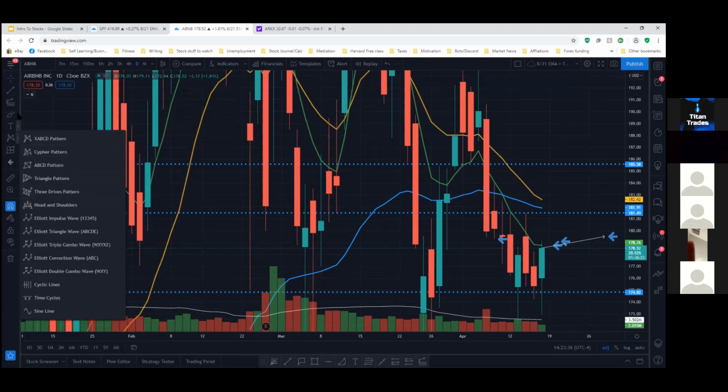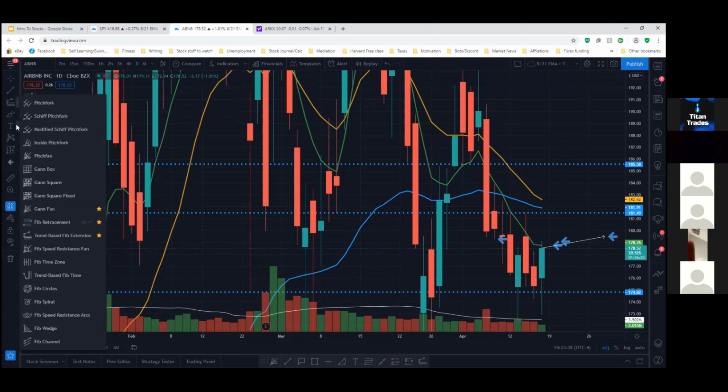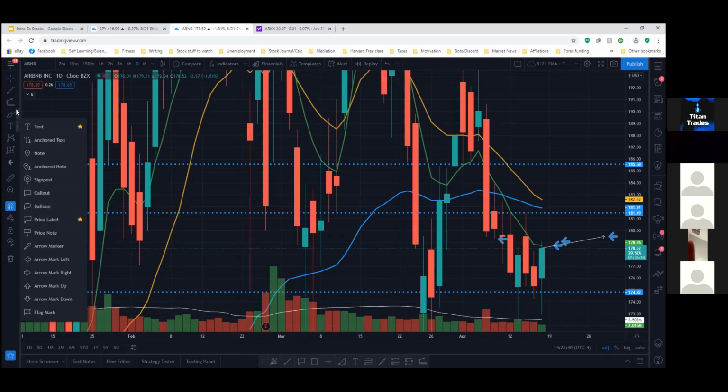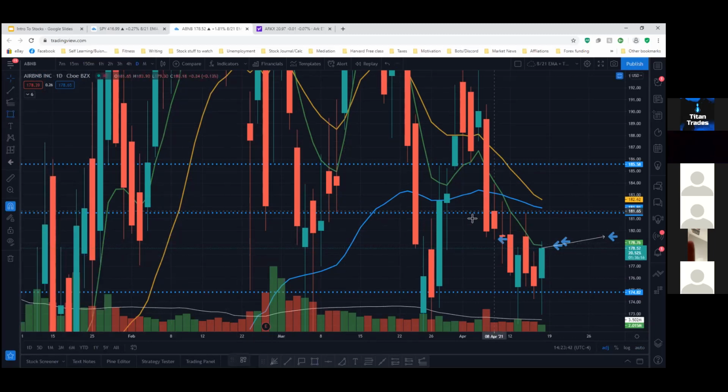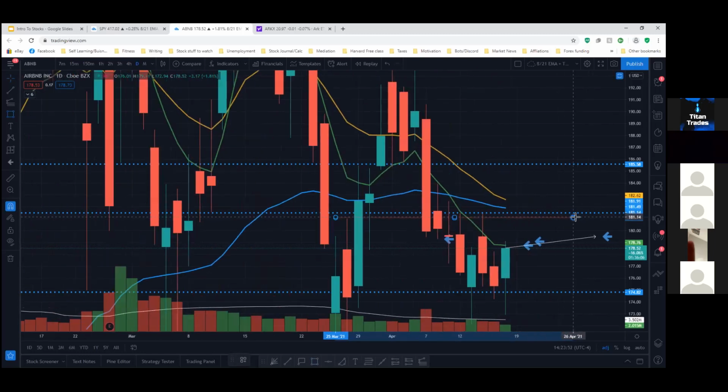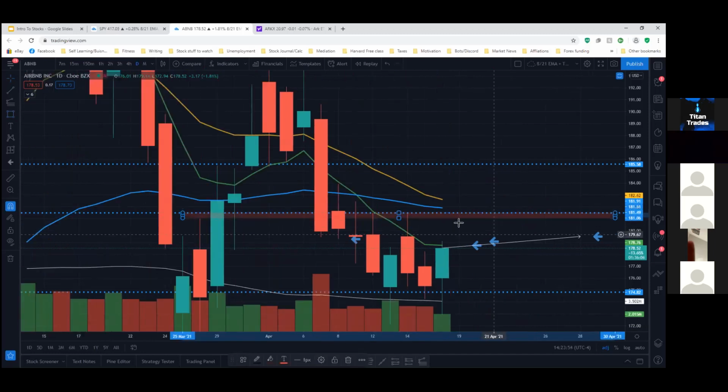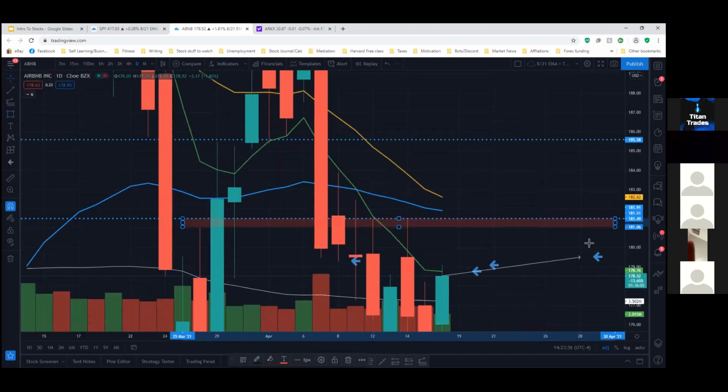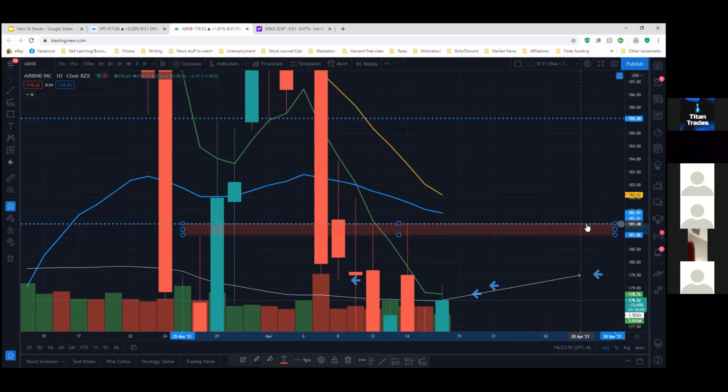If you think about it, I went over zones last time, but let me just go over that really quickly. So this is being respected here and twice. So you want to mark that as a zone. Now, I do zones because people think, oh, well, 181.50 is my resistance, I'm just going to sell there.